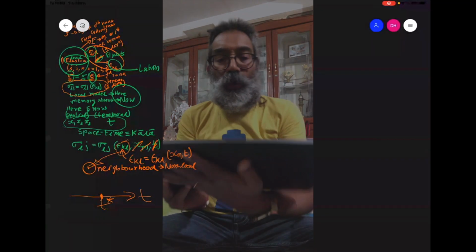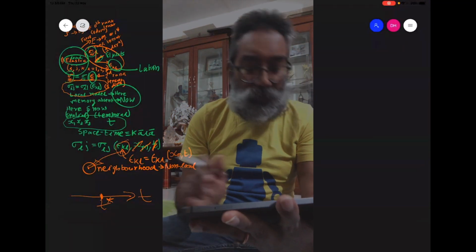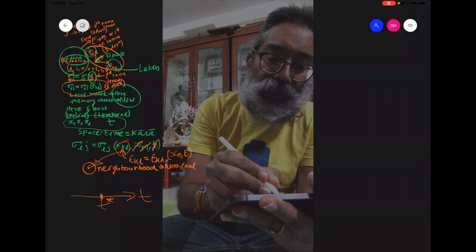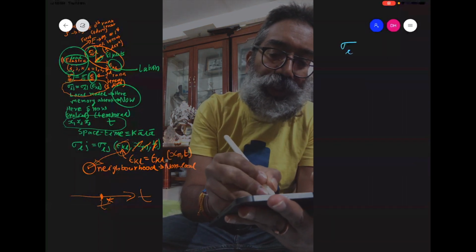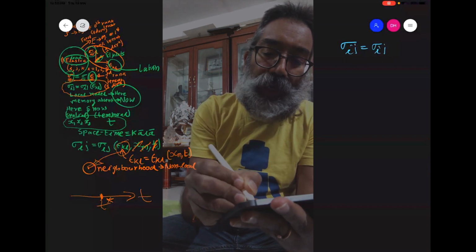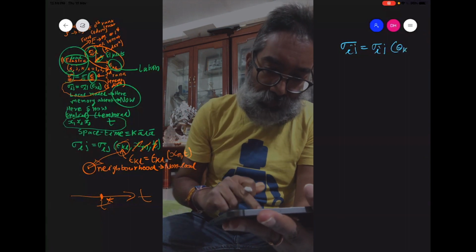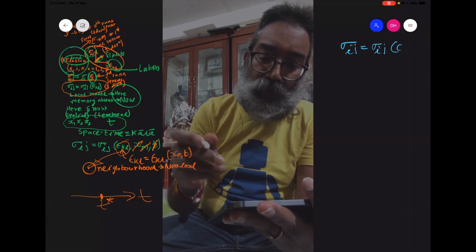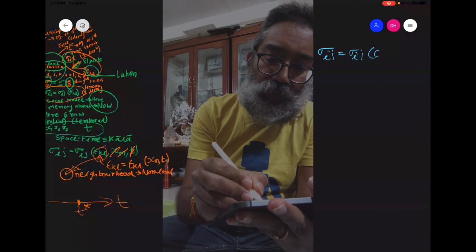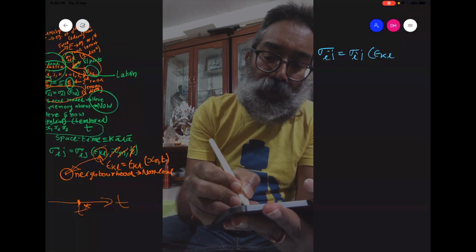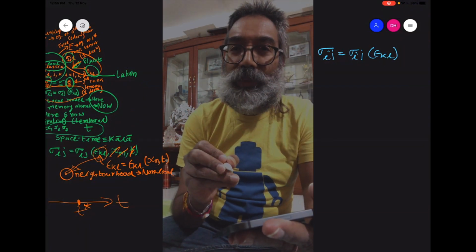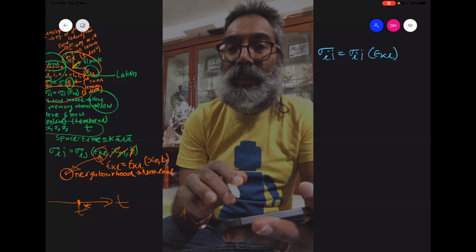So now what we're talking about here is material linearity, that basically that function that we had taken, sigma ij, we said that it depends only on epsilon KL, but that was a nonlinear dependence. Now with material linearity, what we are saying is that this is basically a material property.